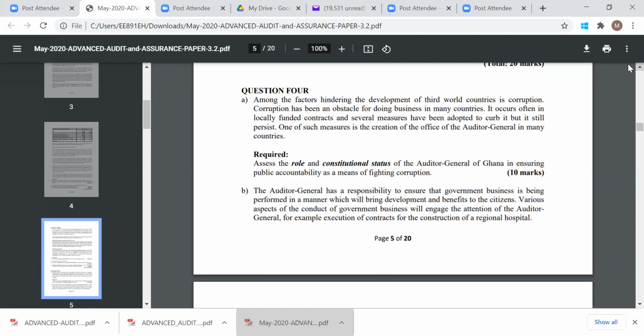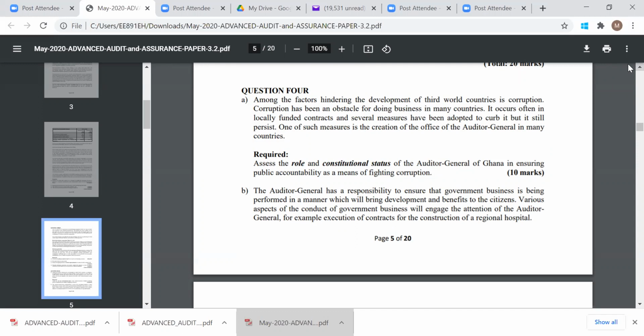One of such measures is the creation of the Office of the Auditor General in many countries. Required: assess the role and constitutional status of the Auditor General of Ghana in ensuring public accountability as a means of fighting corruption.